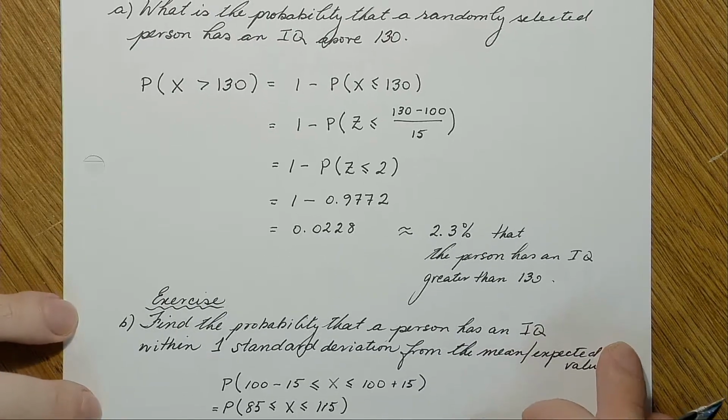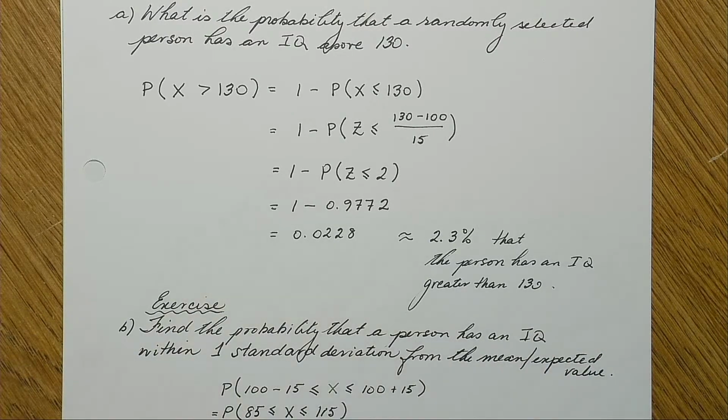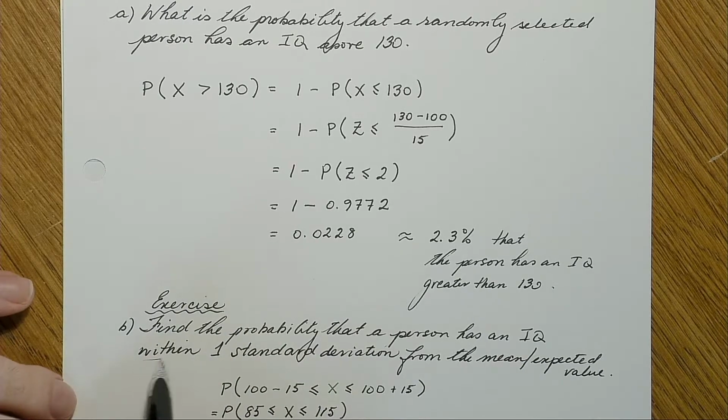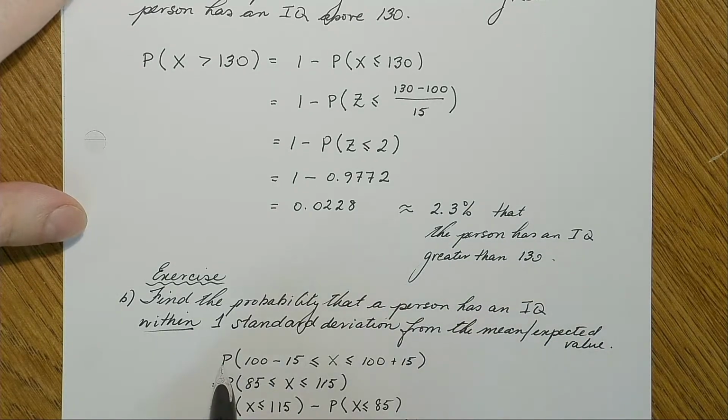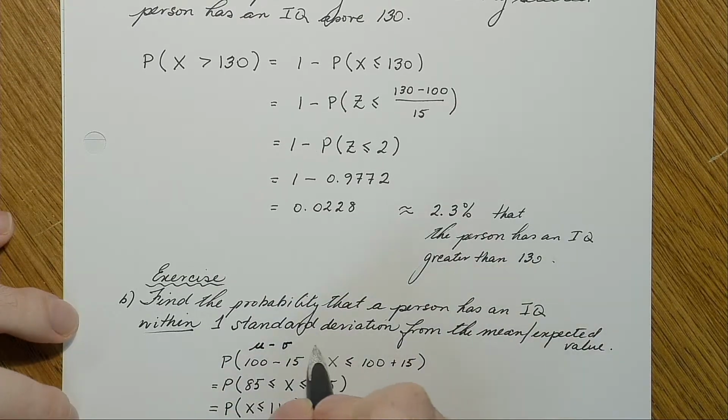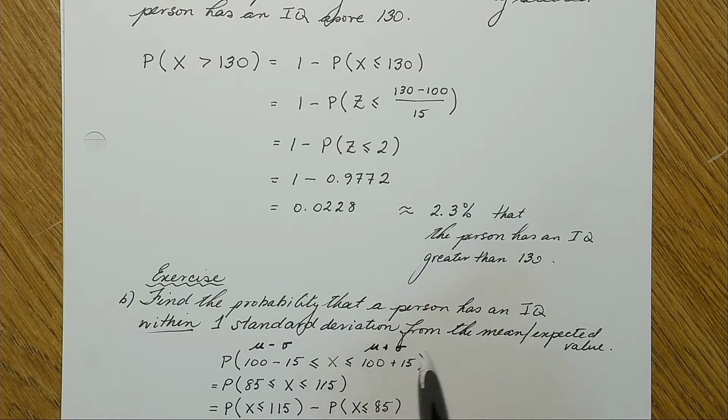And we also had that exercise where I asked, find the probability that a person has an IQ within one standard deviation from the mean or the expected value. So to do that, we can write out the probability: the mean minus the standard deviation is less than or equal to x, which is less than or equal to the expected value plus the standard deviation.